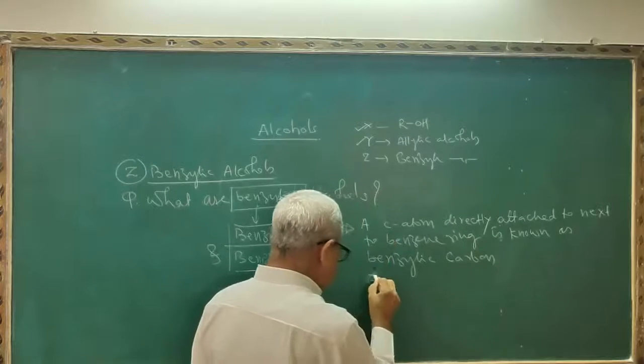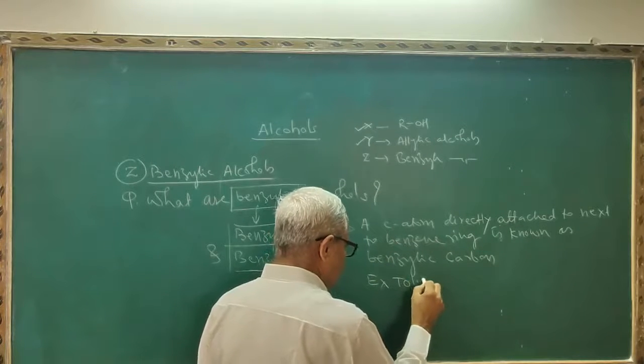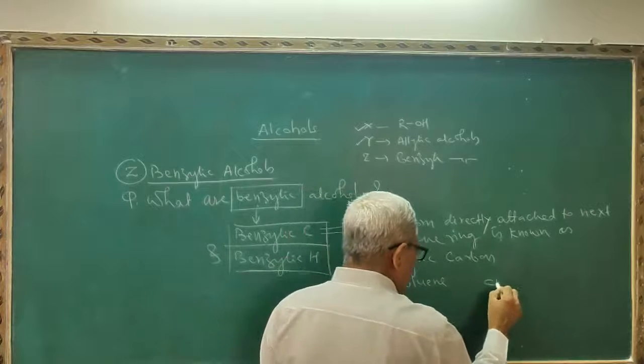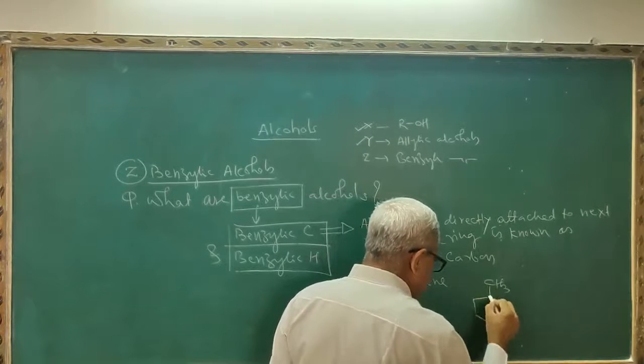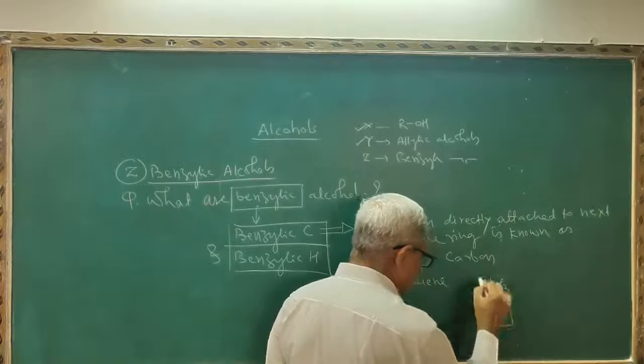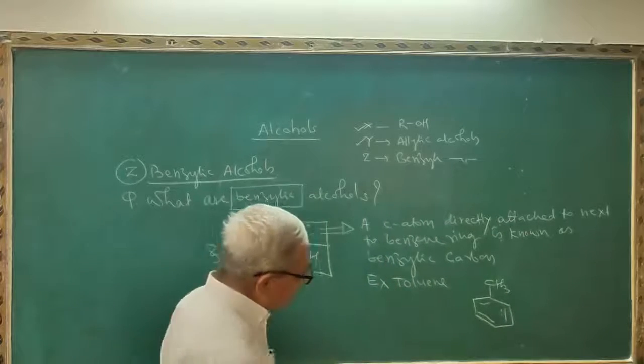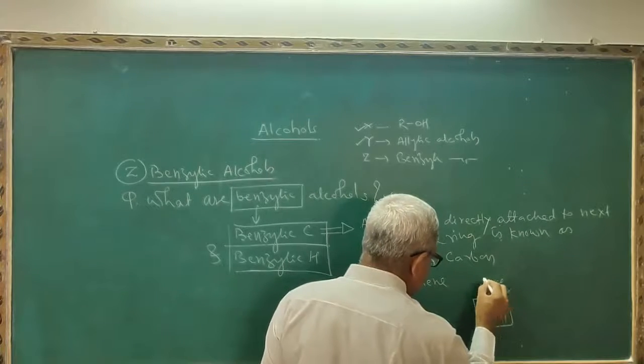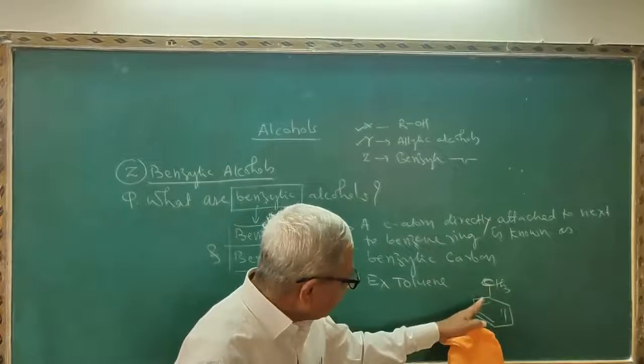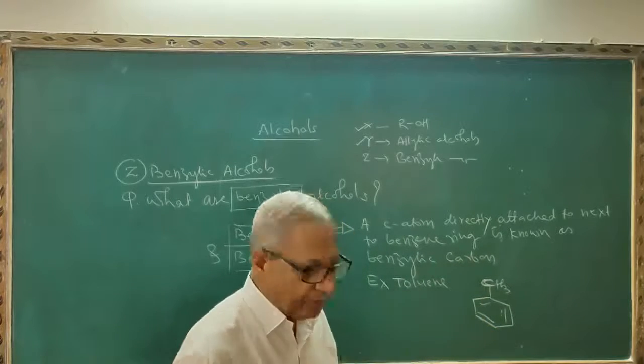And see the example here. If you write here CH3 benzene ring, this is the formula for toluene, and this is the benzylic carbon, because it is directly attached to the benzene ring.